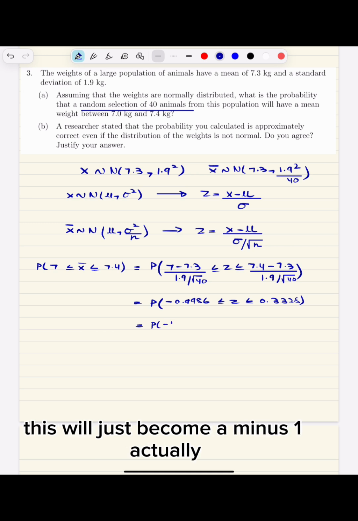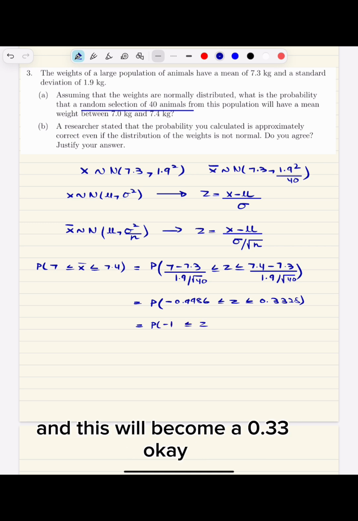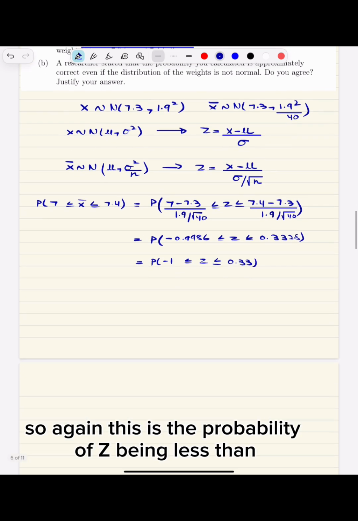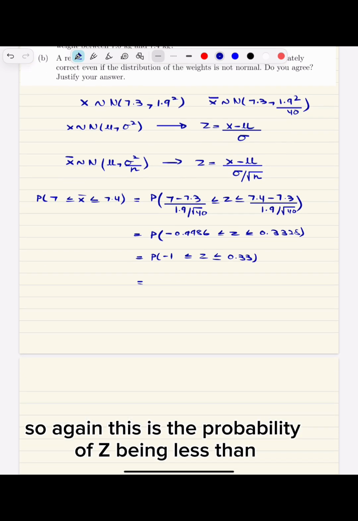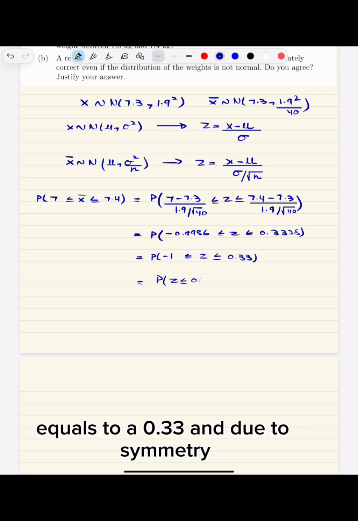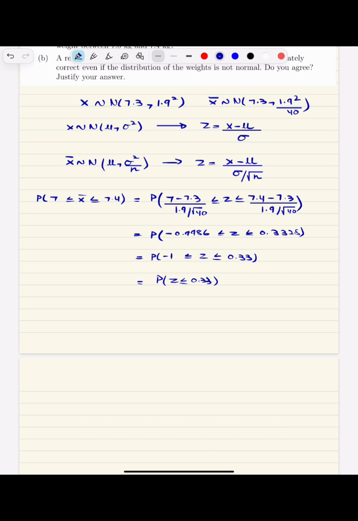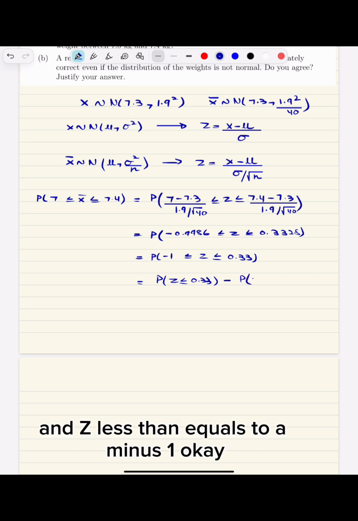This will just become a -1 actually, and this will become a 0.33. Okay, so again, this is the probability of z being less than or equal to 0.33, and due to symmetricity, actually let's just write this down, and z less than or equal to -1.